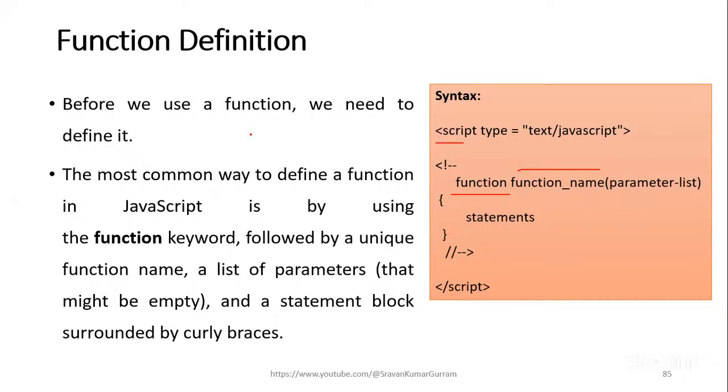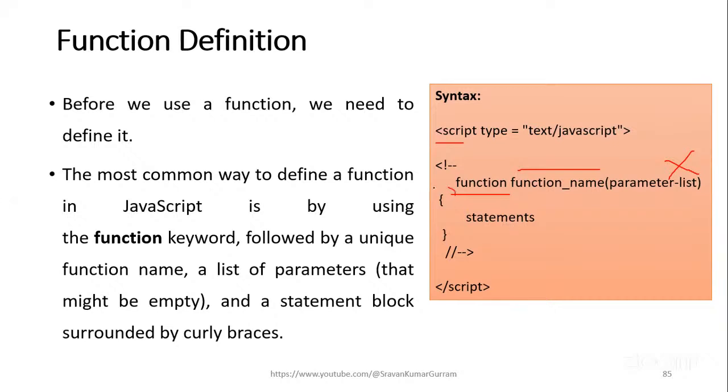After that, you should not write any semicolon. Observe here, I am not writing any semicolon. Function, function name, parameter list. Don't write any semicolon in the statement. If you write any semicolon in the statement, that becomes invalid. With one semicolon, the total function will be invalid and will not be executed.